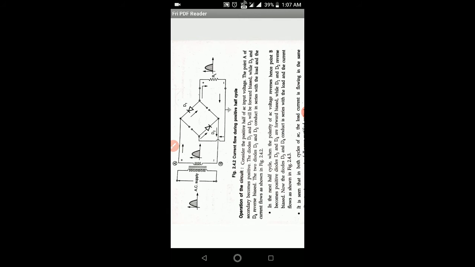Now, the operation of the circuit. There are two cycles: first, the positive half cycle, and second, the negative half cycle. Consider the positive half cycle of the AC input voltage. The point A of the secondary becomes positive.